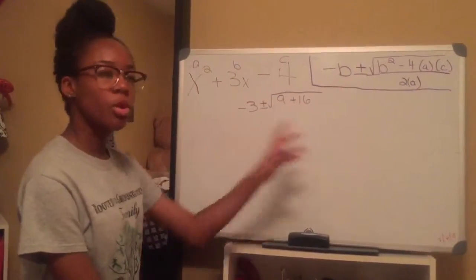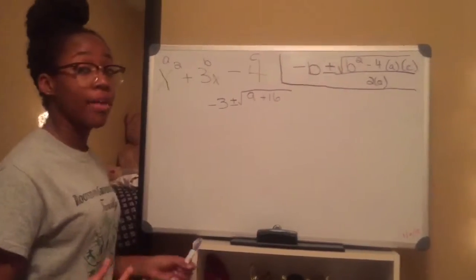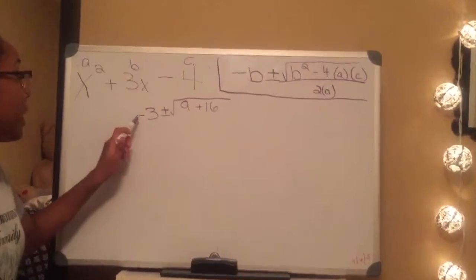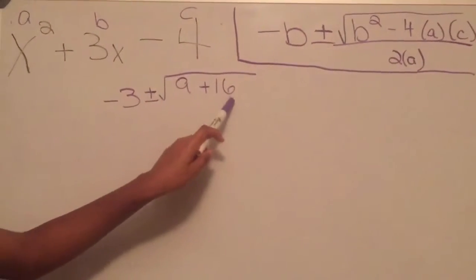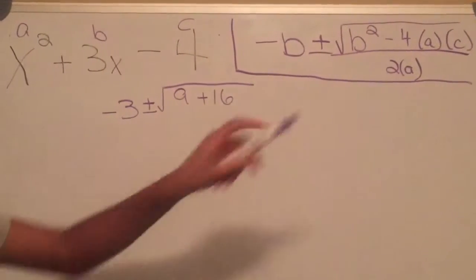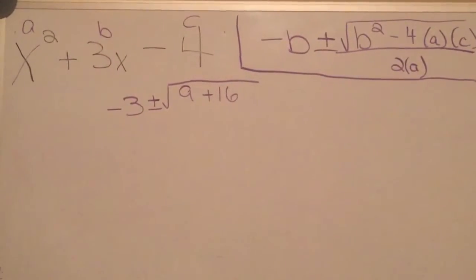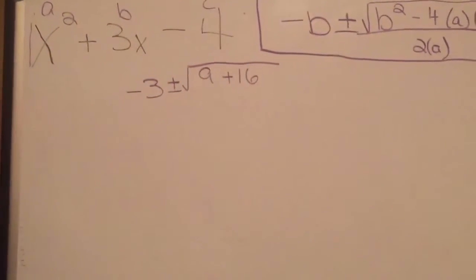Now, I've cleaned up the board a little so it won't be as congested. What we've had so far is -3 plus or minus the square root of 9 plus 16. Now we must finish before we add everything together and finish the bottom with the 2a. So our a is a 1, understood.